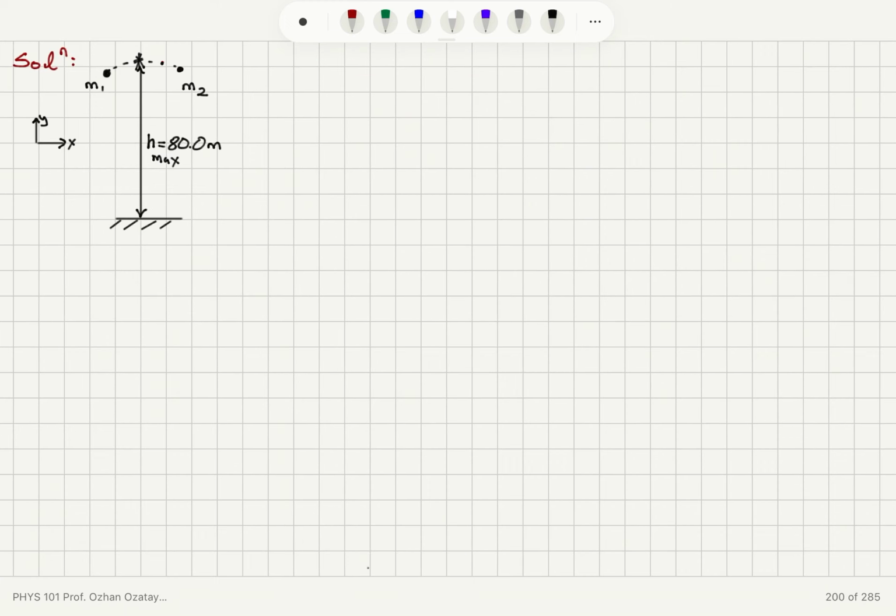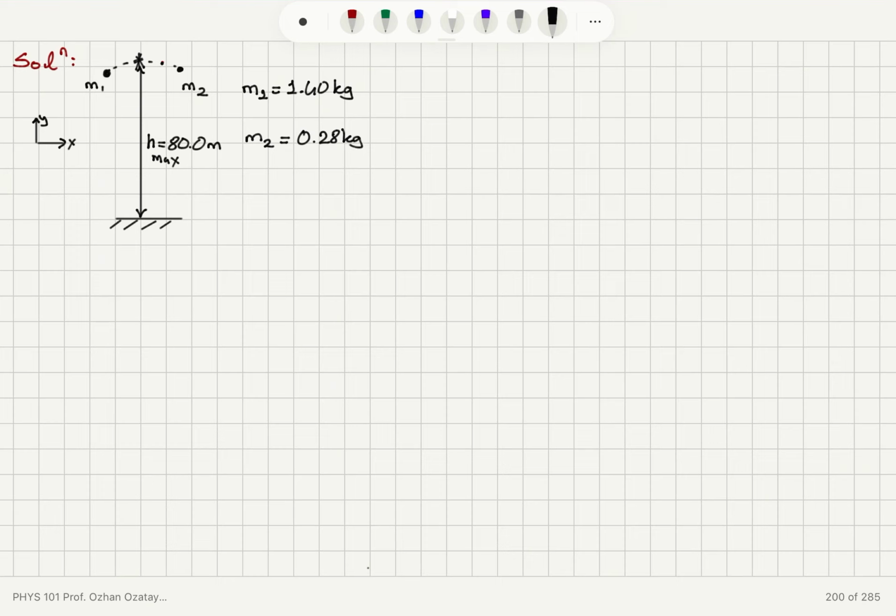Okay, so here is the firework rocket that is going vertically upward, and it explodes at a height of 80 meters into two fragments. So this is our x-axis, this is our y-axis. The mass of the first fragment, m1, is 1.40 kilograms. The mass of the second fragment, m2, is 0.28 kilograms.